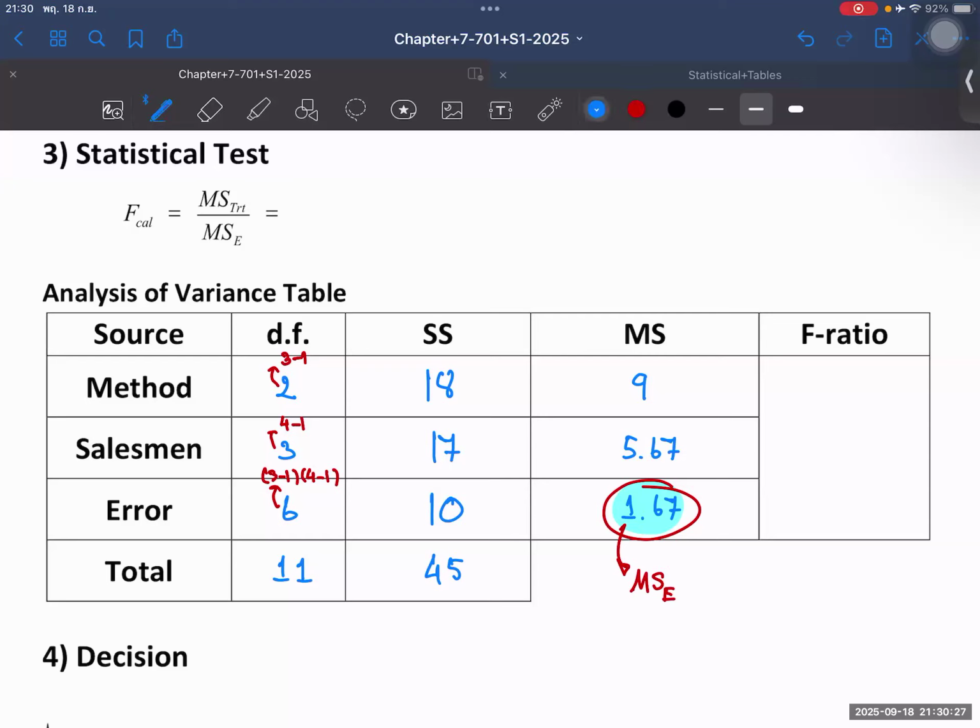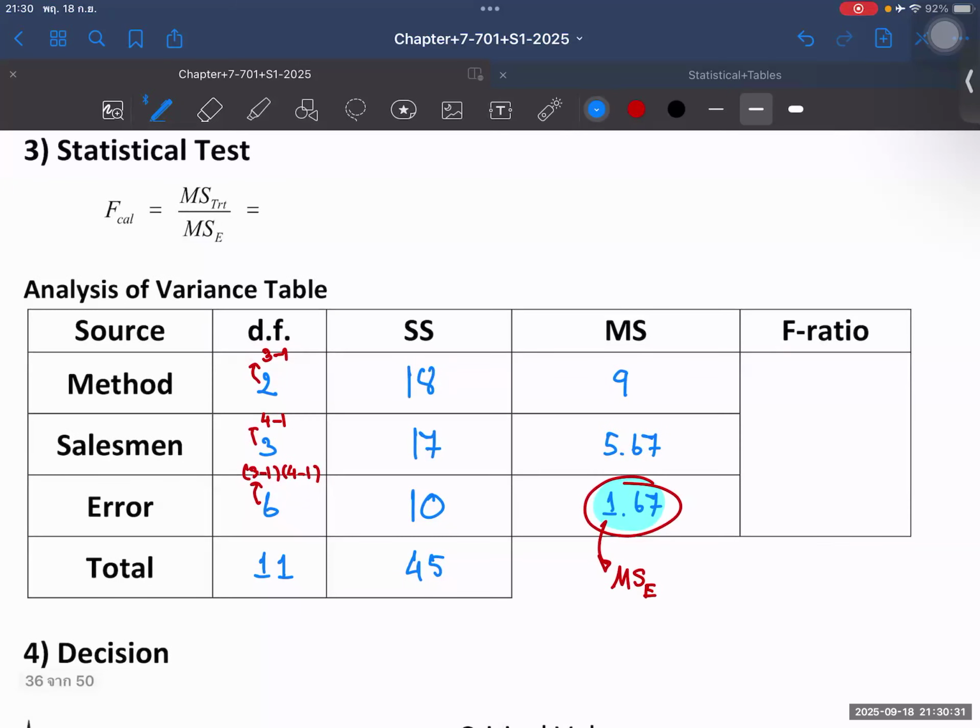And I want to calculate the F1 score. So F1 is equal to 9 divided by 1.67. Let me use the calculator first.